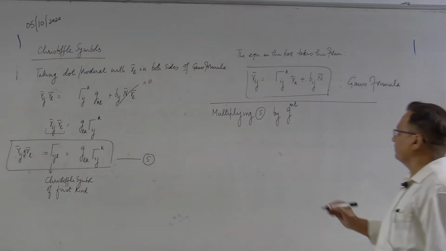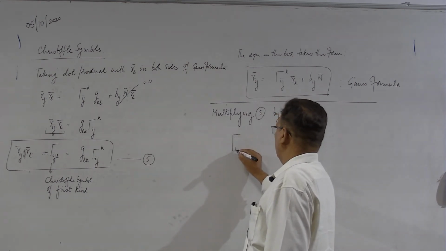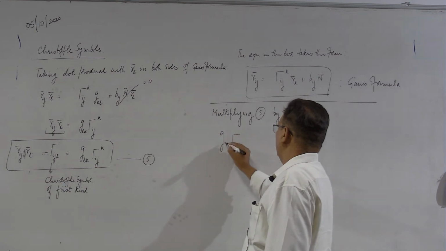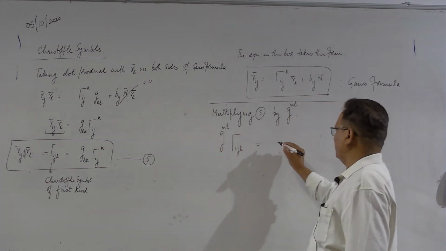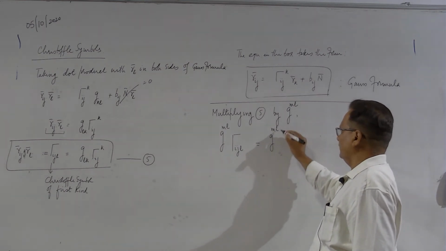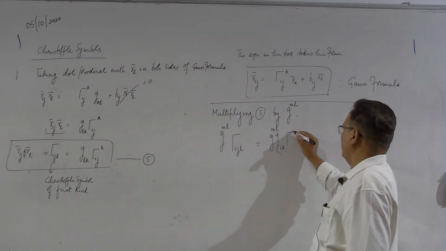What you will be getting, the left side is ij,l and you are multiplying it by g^ml. So, multiply in the right also g^ml into g_lk into k_ij.